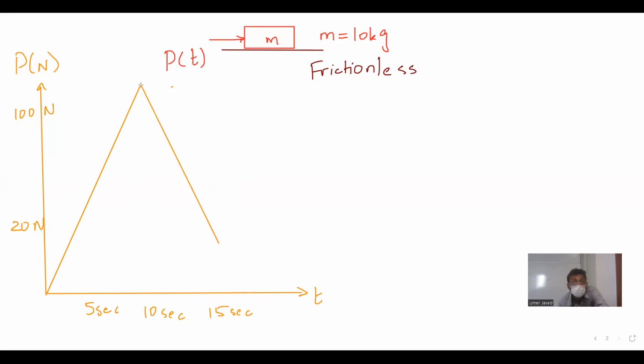I will try my best to make as appropriate a diagram as possible. So this is my 20 Newton, this is my 100 Newton, this is my 10 seconds, and this is my 5 seconds. Okay, give me the values: 5 seconds, 10, and this is 15.